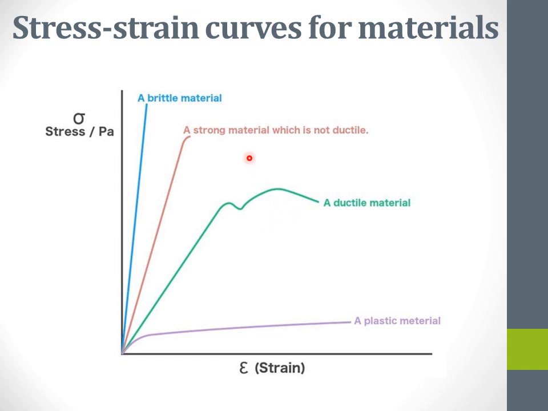Whereas for a brittle material, the yield point coincides with the breaking point. For a plastic material, the stress-strain diagram runs parallel to the strain axis beyond the yield point. And finally, for a strong material which is not ductile, the curve breaks off at the elastic limit.